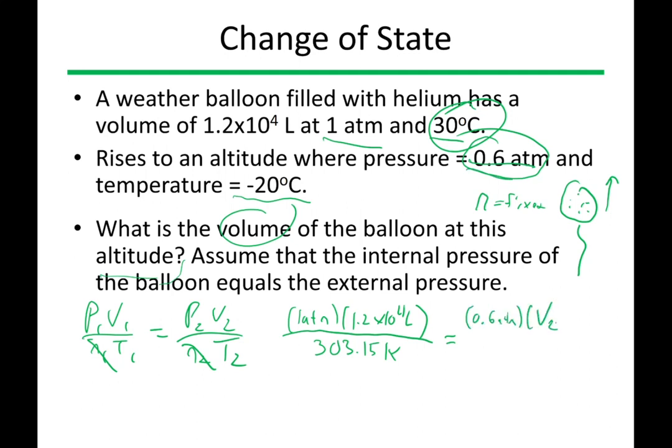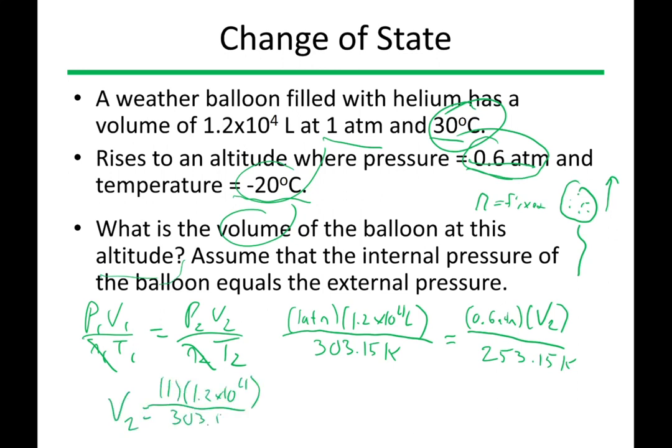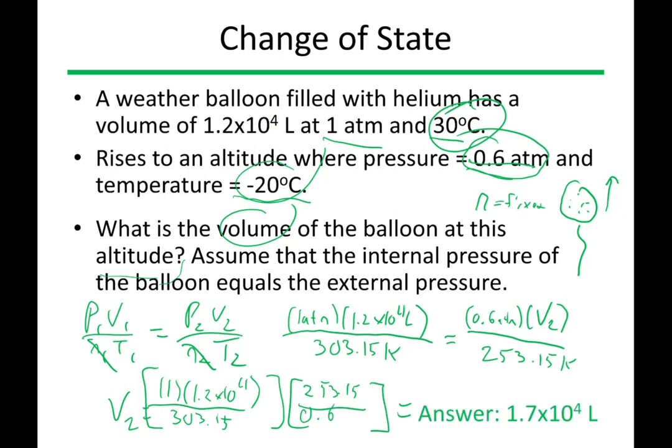We're trying to find our final volume, divided by our final temperature, and we have to remember to also convert that to Kelvin. If we put V2 on one side, we get a final volume of 1.7 times 10 to the 4th liters.